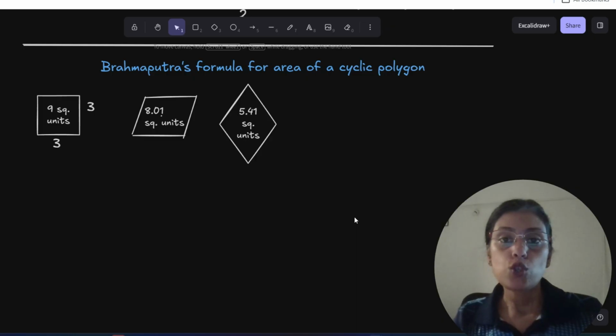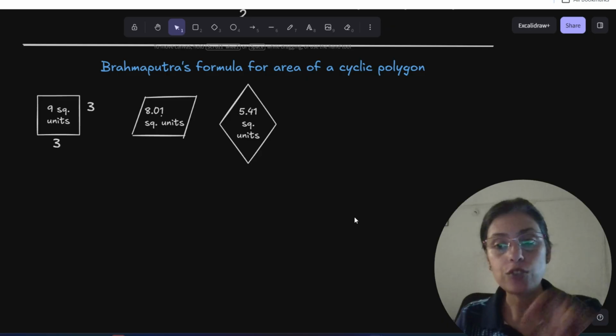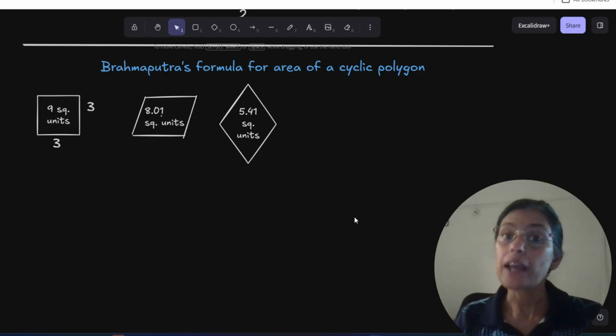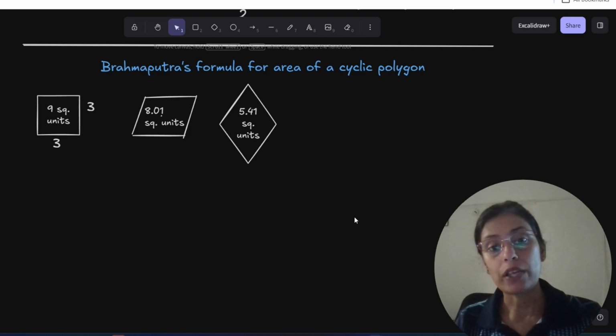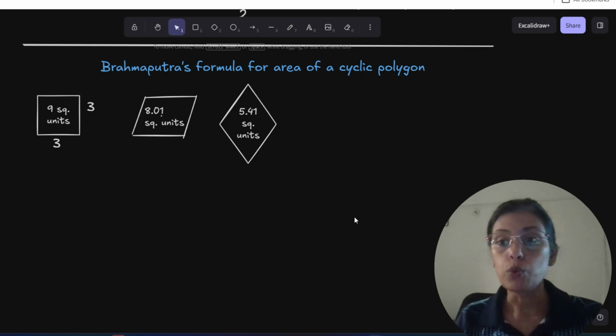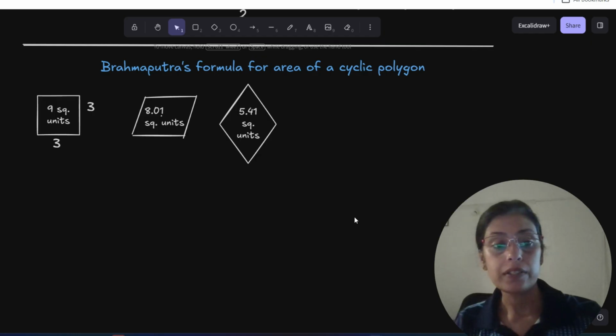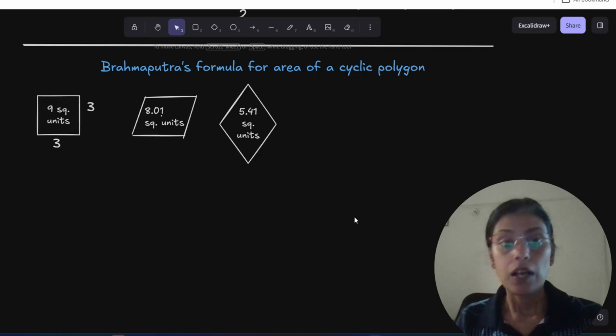Okay, so with Heron's formula, we learned that if we are given the length of the three sides of the triangle, we can calculate the area of the triangle. But what about the polygons? If we are given all the four sides of the polygon, are we able to calculate the area using the four sides?